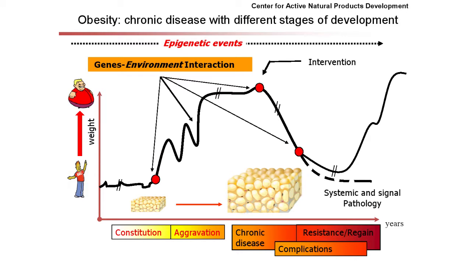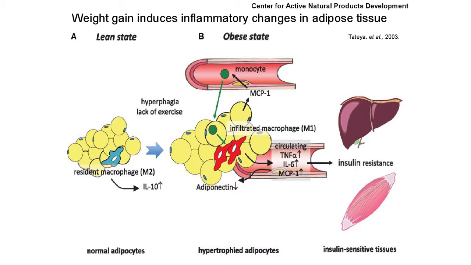Different stages of development of the chronic disease occur because of the accumulation of lipid, but the major cause is macrophage, because of the enlarged tissue, enlarged cells, lacking oxygen in the inner parts of adipose tissue. The cells in the inner parts die because of lack of oxygen.